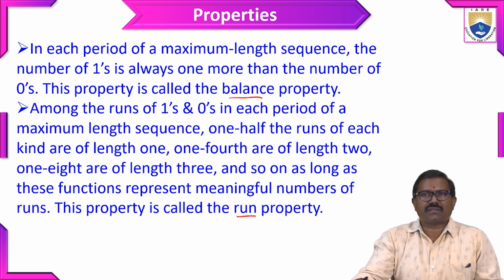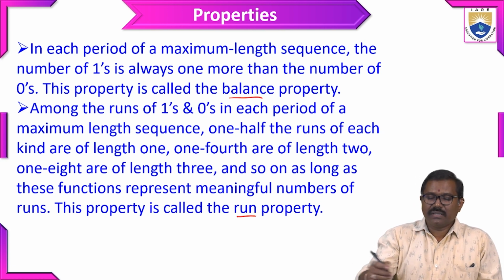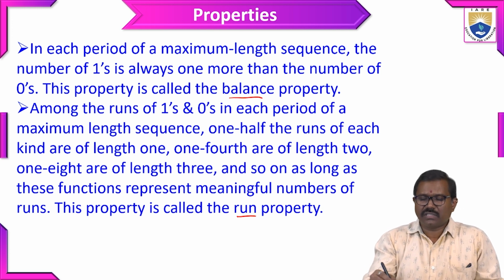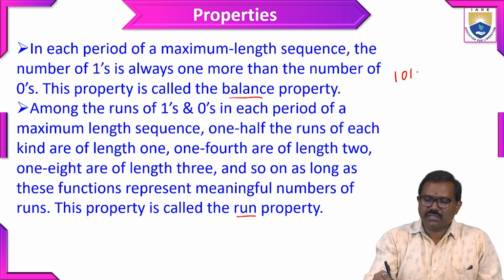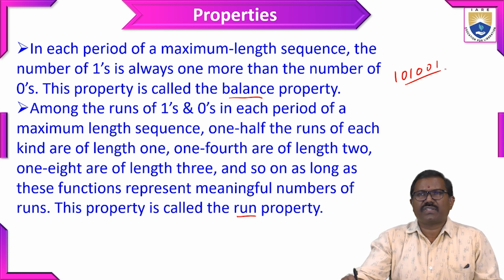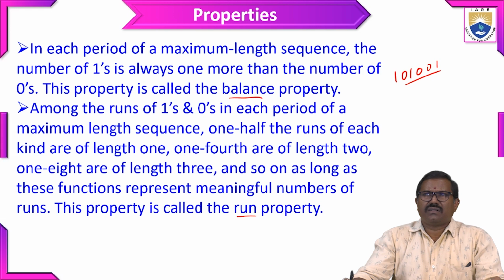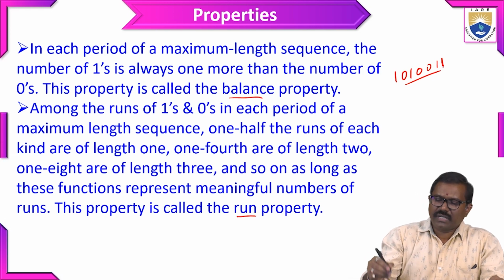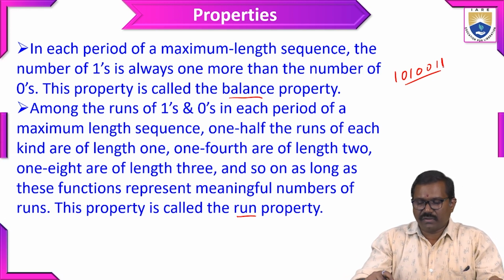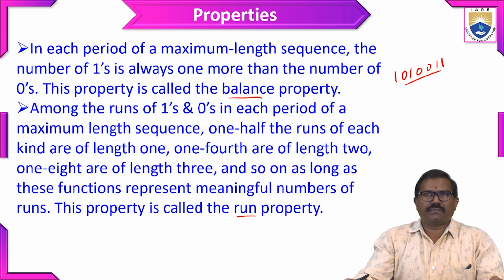This property is called the balance property. The pseudo noise sequence is nothing but a combination of ones and zeros like this. For this 7-bit sequence, 4 ones are there.